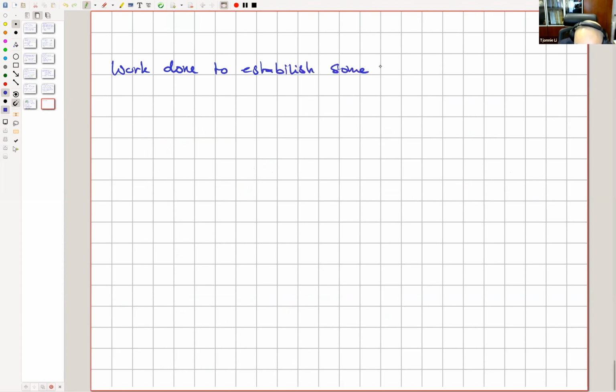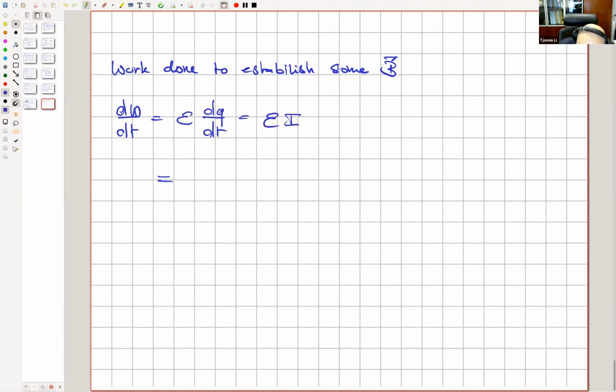So the work done to establish some B is then given by, in this case, the rate of work. So the rate of work is just the electromotive force and the bringing in of Q as a change of time. And so in this case, this is just EI.